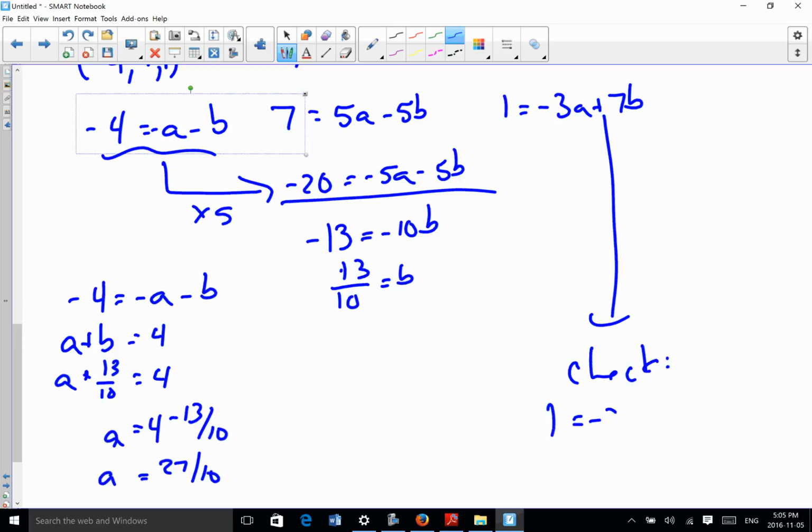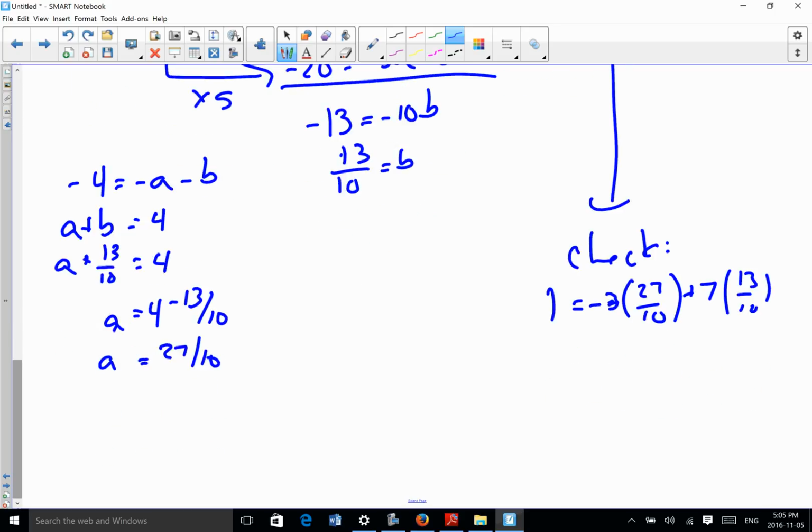1 equals negative 3 times 27 over 10 plus 7 times b. b is 13 over 10. Let's see if our math works itself out. 1 equals negative 3 times 27, which makes negative 81 over 10, plus 7 times 13, which makes 91 over 10, which makes a positive 10 over 10, which is 1.